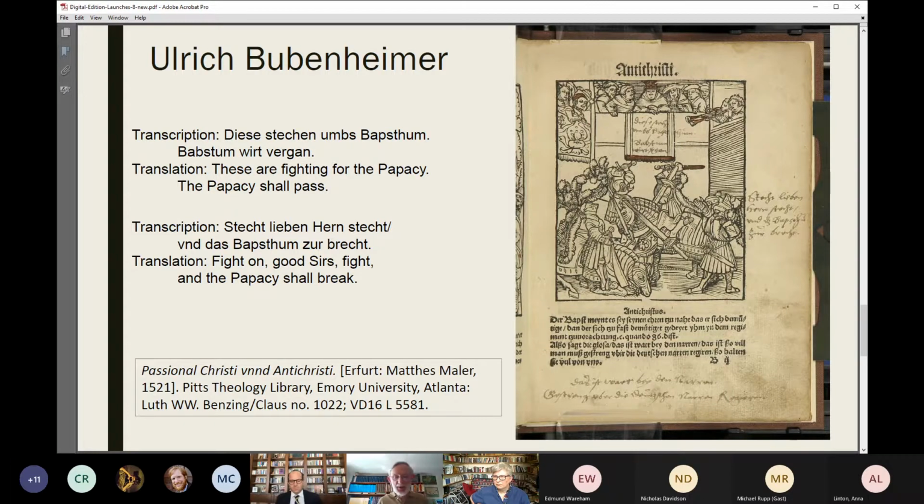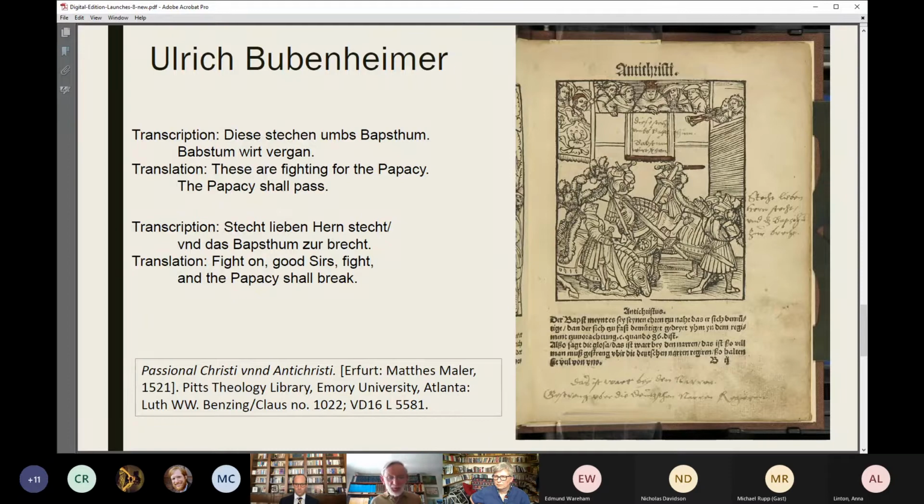Similarly, this can still be seen today in pattern images on so-called ways of the cross, images with very short texts. However, central stations of the Passion are missing in the Passional Christi and Antichristi, for example, the crucifixion of Christ.